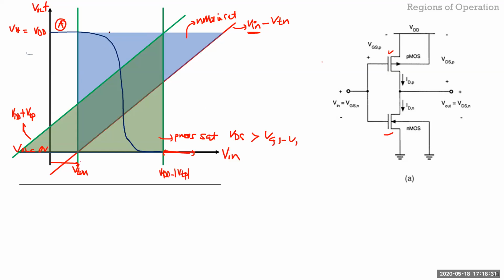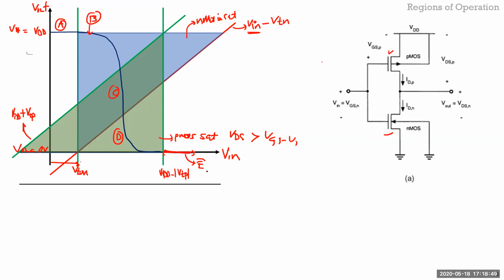So obviously you can see now that in this region of operation, let's call this B, NMOS is in saturation, PMOS is in linear. And in this here, both of them are in saturation. And in this case, PMOS is in saturation, NMOS is in linear.